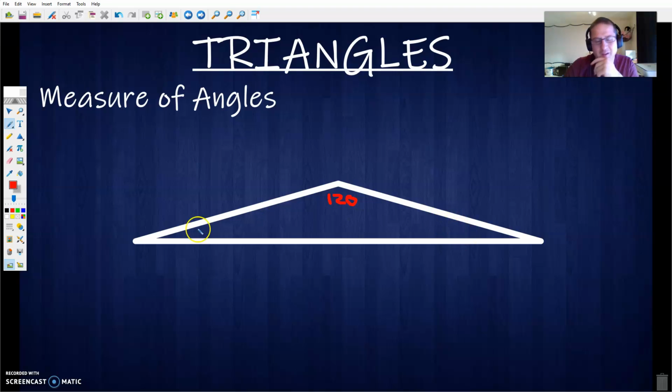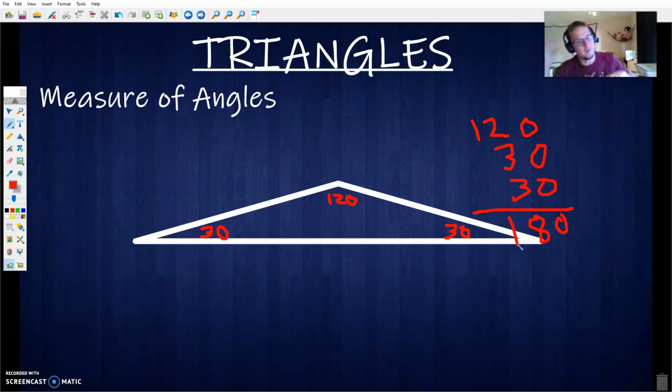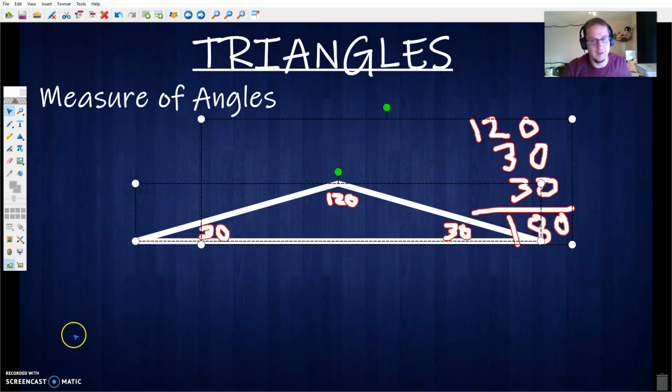If we assume that these two are equal, which I am just for funsies, they're going to be 30 and 30. The reason I know this is because, as I said earlier, all three angles of a triangle have to add up to 180 degrees. So if I've got 120, that leaves 60, and split in half is 30 each. We have to remember that all three angles of a triangle are going to equal that 180 degrees.